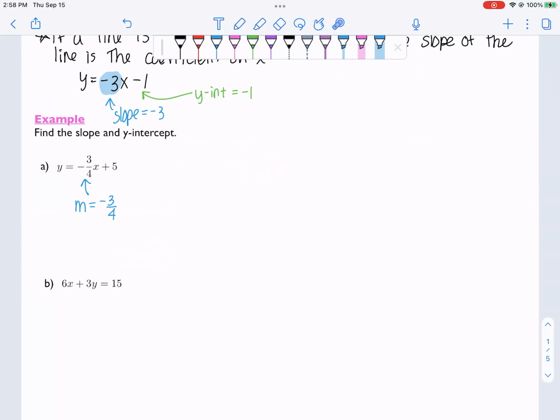It is not -3/4 x, it is just -3/4. The slope is -3/4. The y-intercept is 5, so the b value is 5.